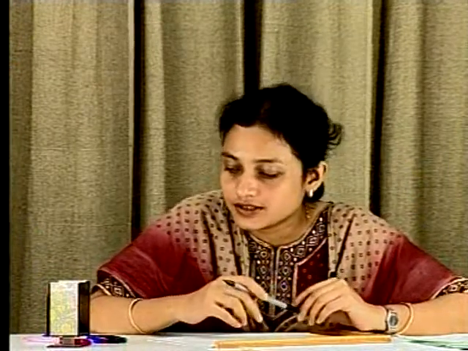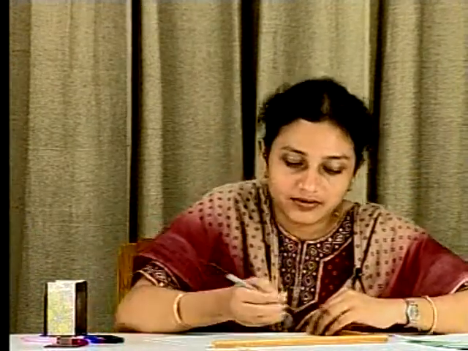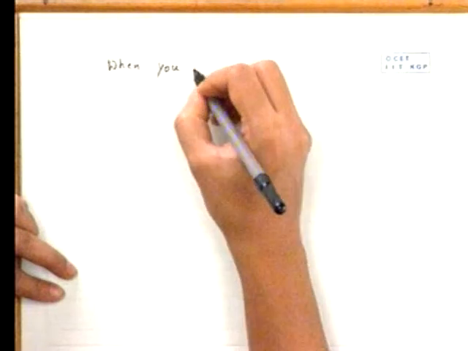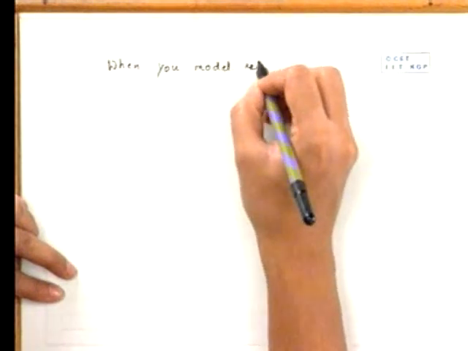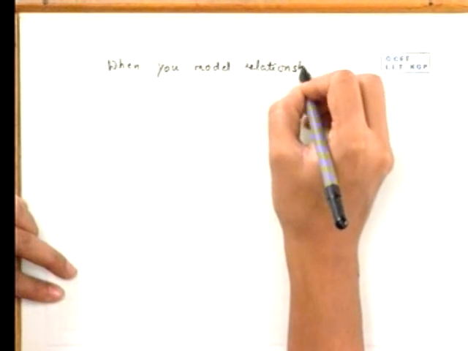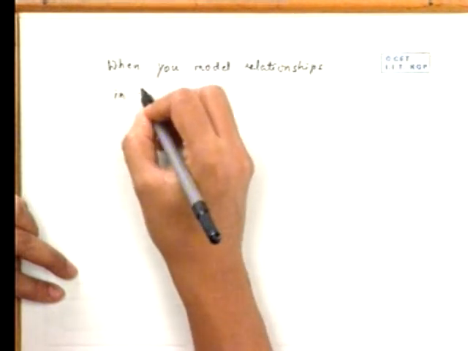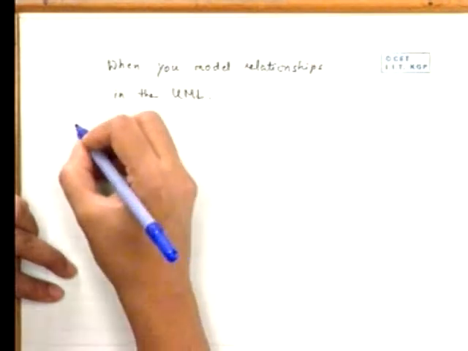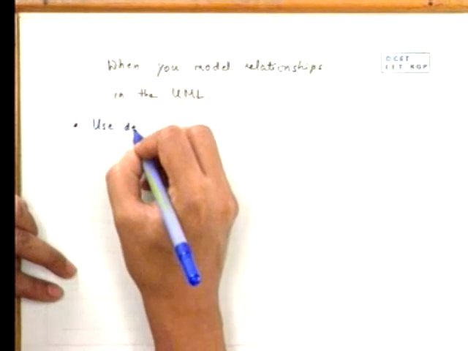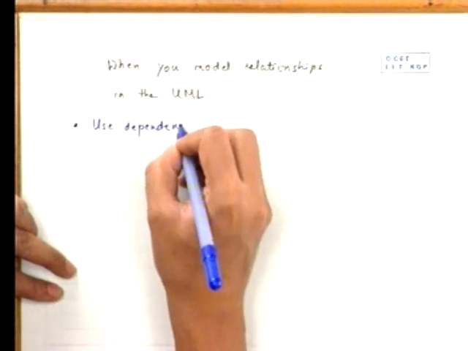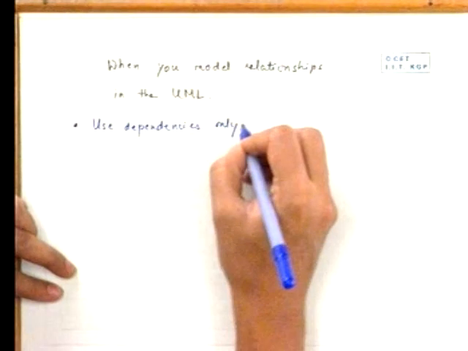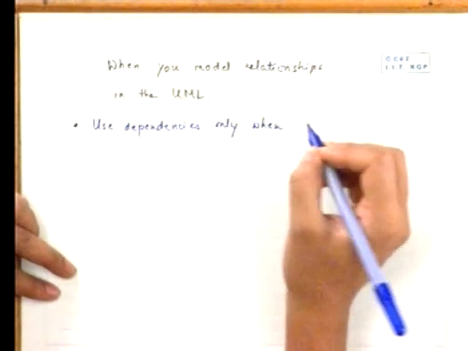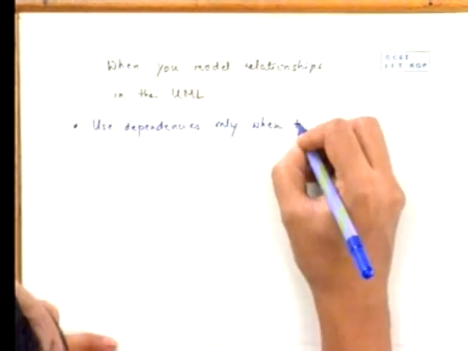So now for certain hints for modeling with UML. When you model relationships in the UML, use dependencies only when the relationship is not structural.